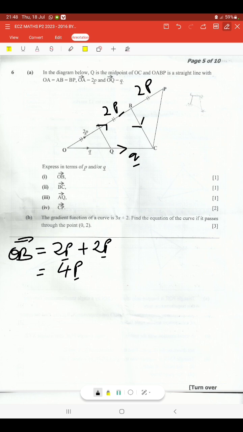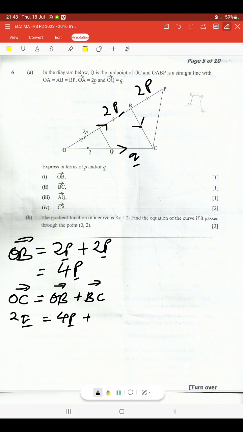So what I'm saying is OC equals OB plus BC. We can simply make BC the subject here, but before we do that, OC equals Q plus Q, giving us 2Q, equal to OB. We have already found OB to be 4P, plus BC, which is what we are looking for.